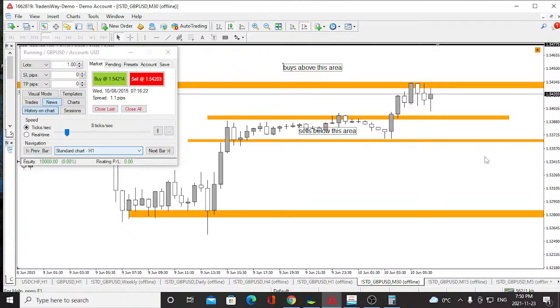Nah, but for real, price is just taking its time. What was I saying? At the same time, you don't want the simulator to go too fast.